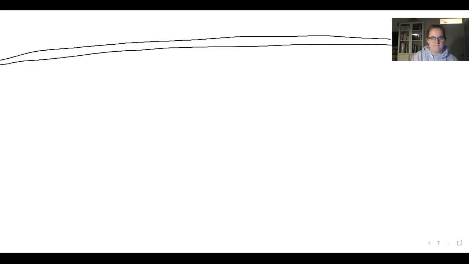This here is our outer mitochondrial membrane. And I'm just going to draw electron carriers straight away.